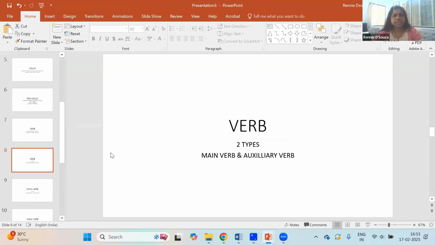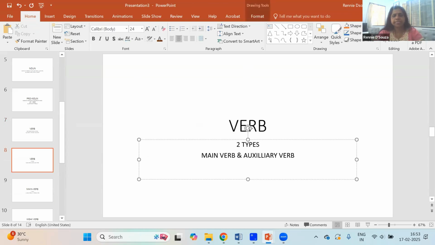So this is about verb. And in verb we have seen there are two types, main verb and auxiliary verb. Now what is main verb?